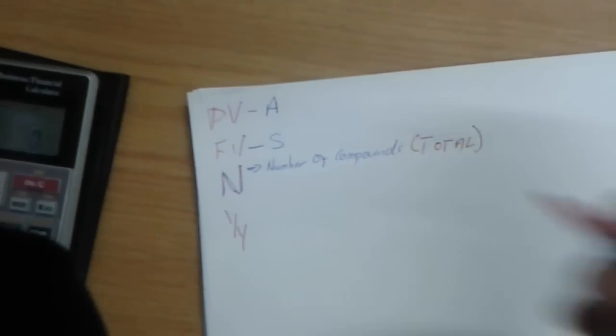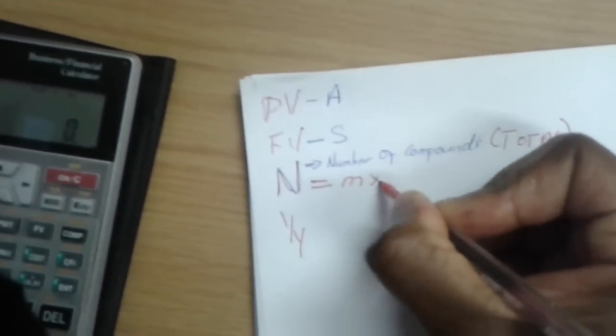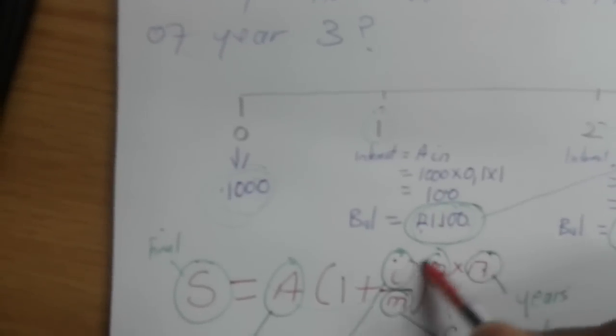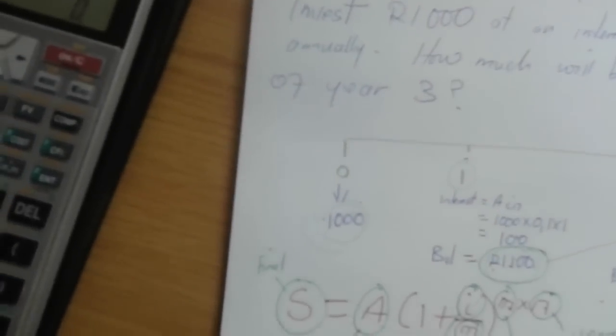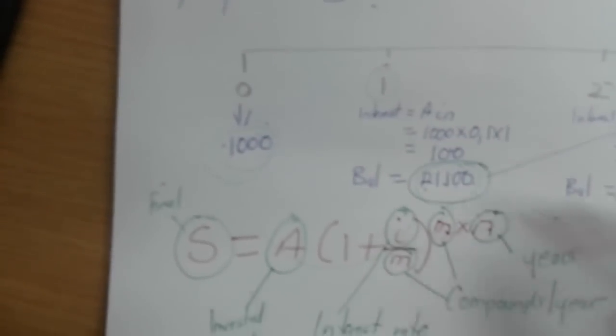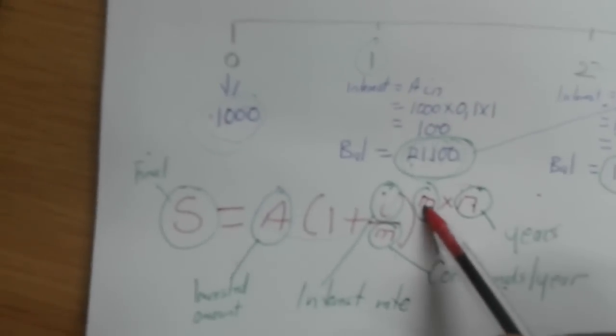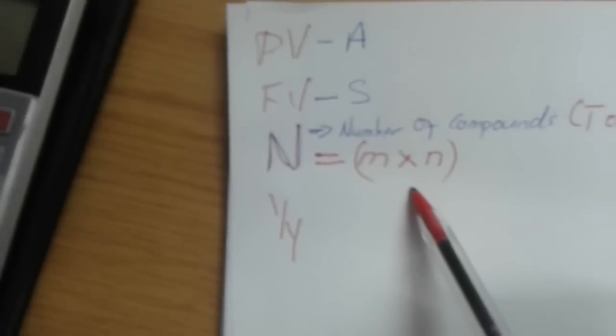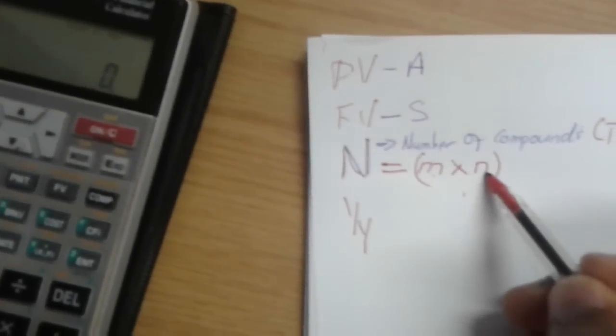And also you remember that this is equals to M, the small m, times N. Remember the formula? This one. So these two, they are equal to the big N. So remember, compounds per year times number of years. Let's say it's compounded monthly for 10 years. So it will be 12 times 10, that's 120. So in your machine, you just put 120 there. So remember that the big N is equals to M times the small n.